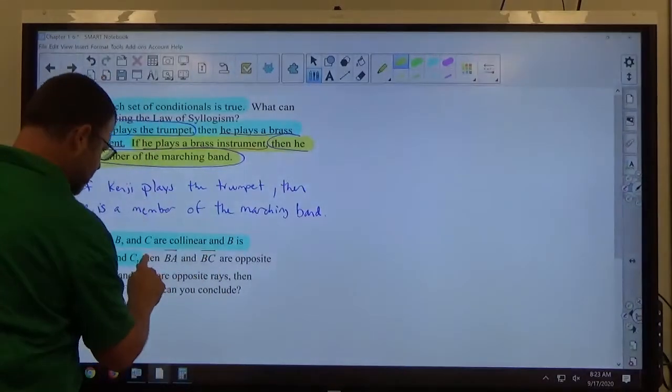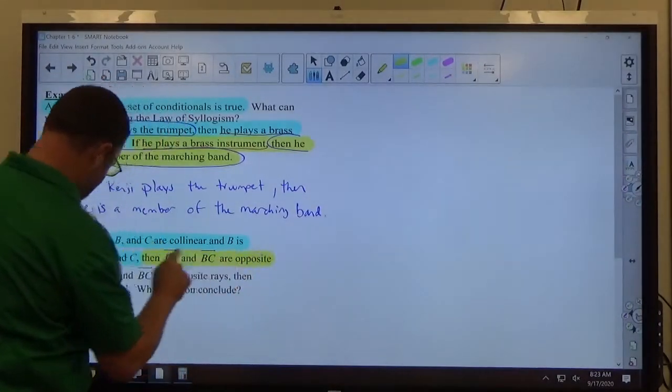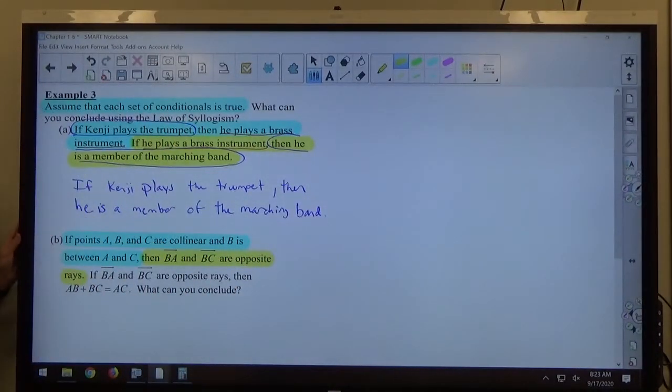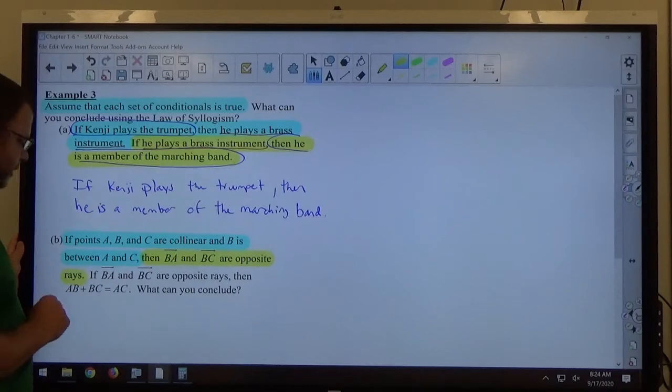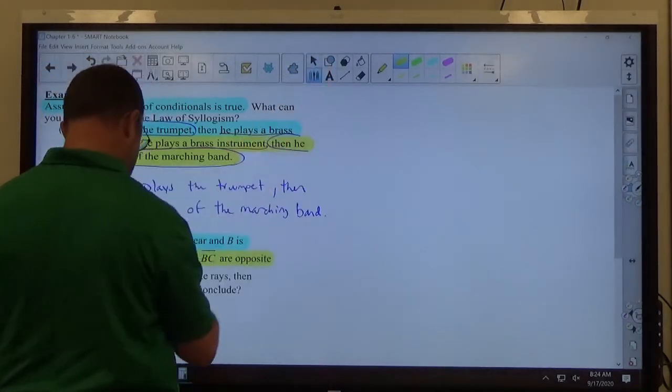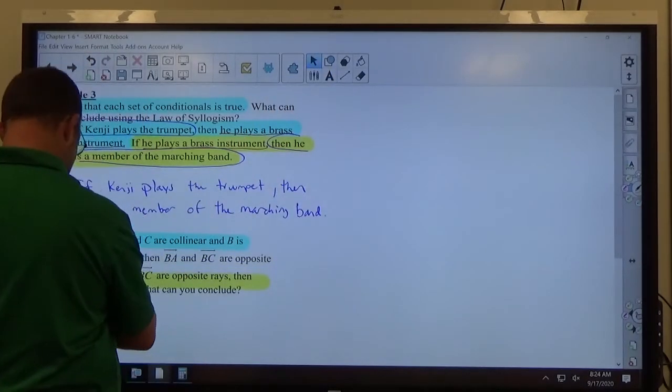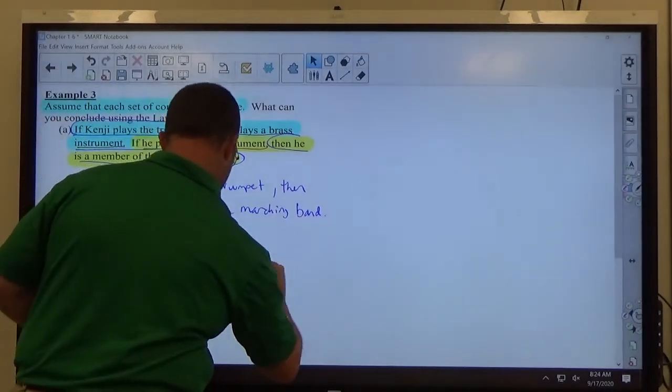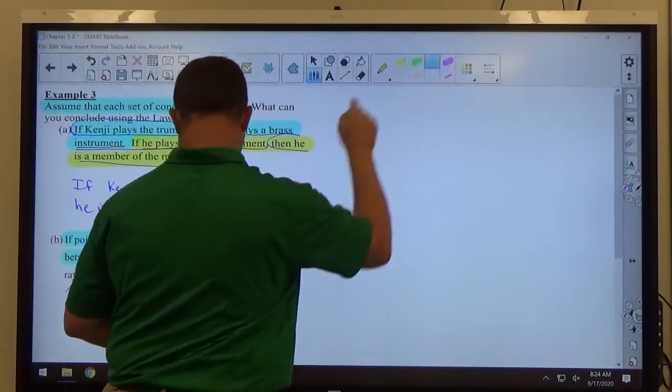Then, ray BA and ray BC are opposite rays. So we have opposite rays. So the second statement says, if, I suppose I'm doing this differently, aren't I? I used the same highlighter for the whole conditional out there, so let's do that.